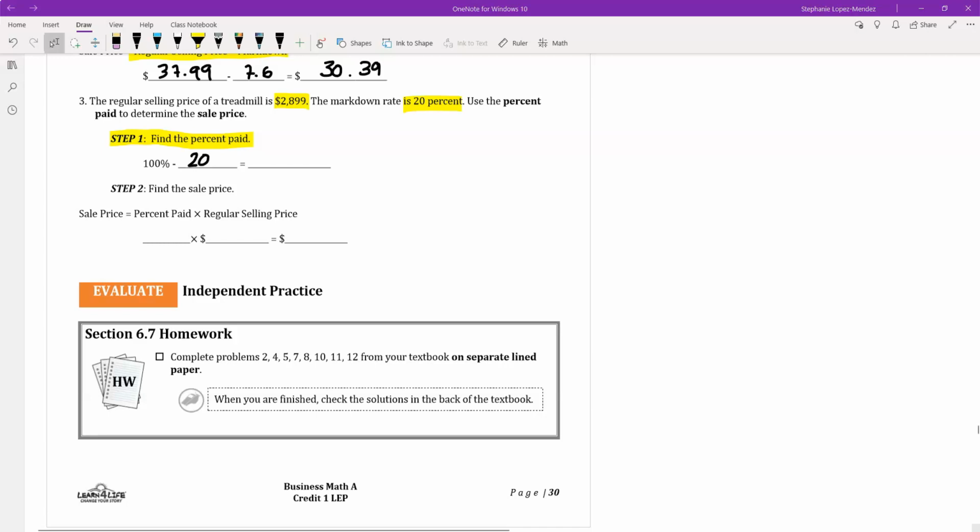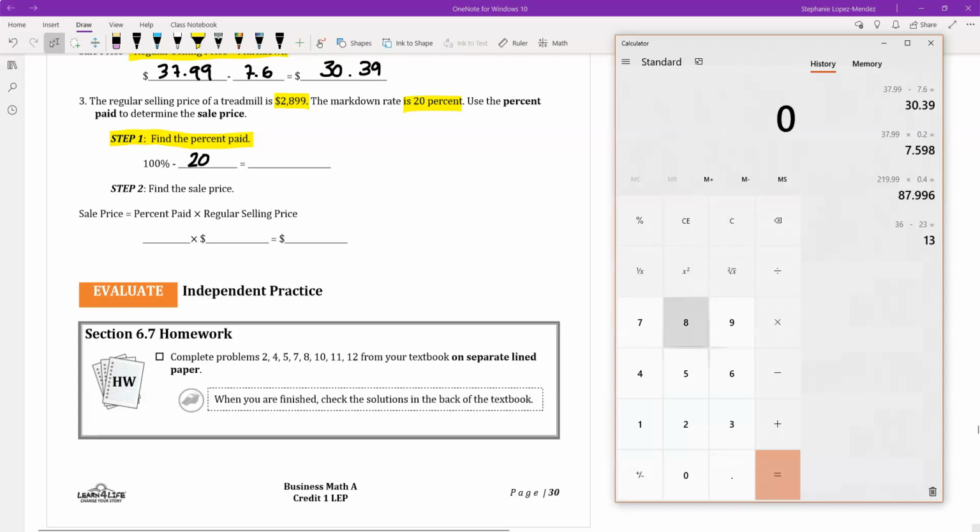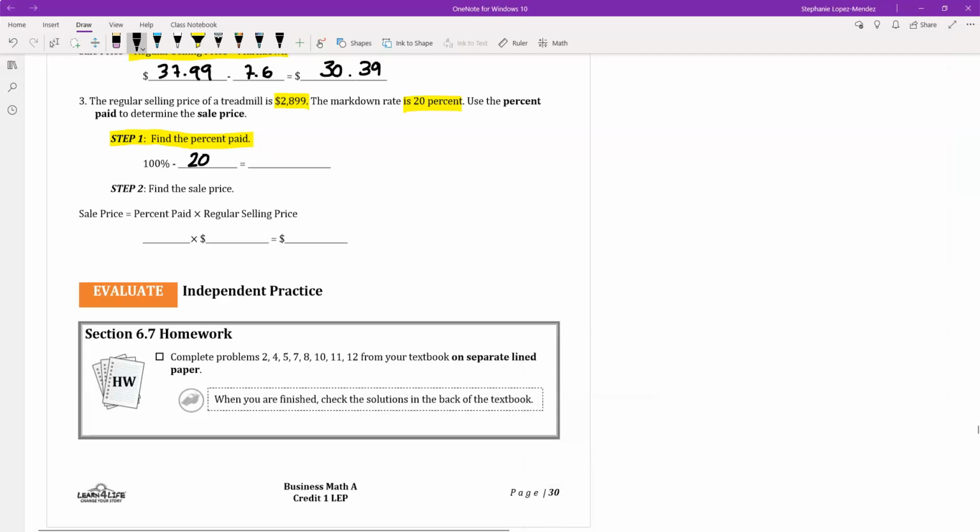So we go to our calculator and we have 100 minus 20%, that is 80%, right? So we just write down 80. Now on step number 2, we have find the sale price.